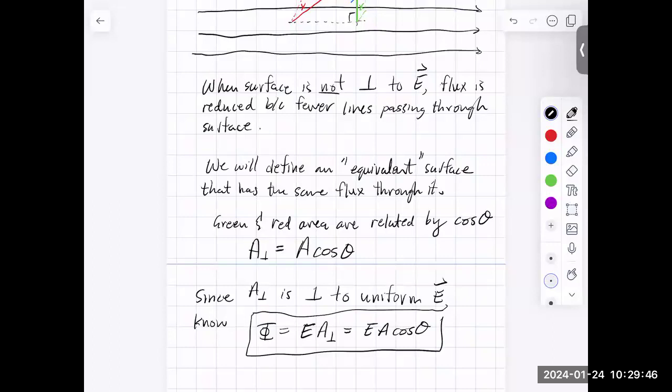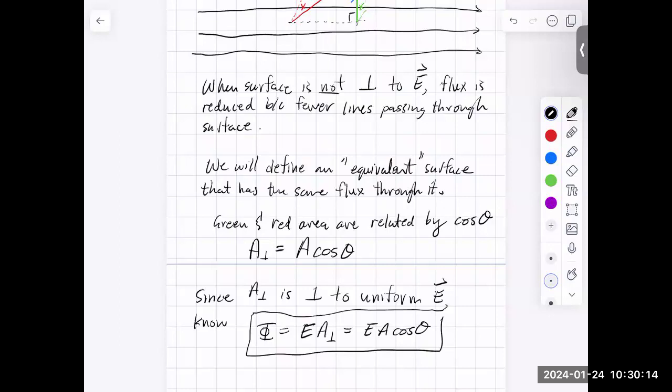What we're going to do is try and express this flux using vector quantities. The reason is just for mathematical convenience. Now, the electric field is already a vector. So far, we've only been concerned with the magnitude of the electric field, but it does have a direction.